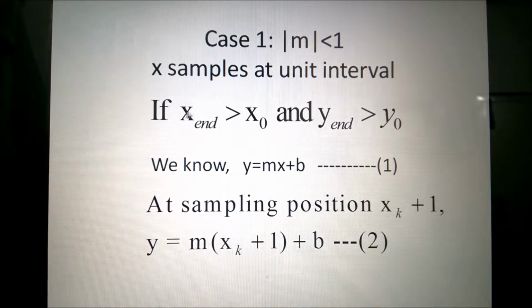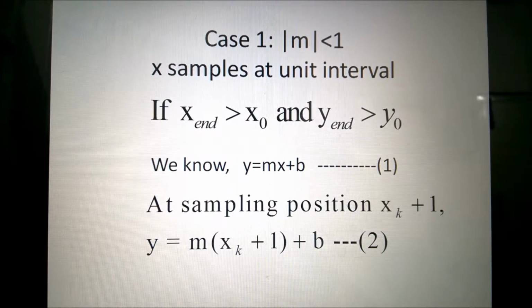We are considering the ending point x coordinate is greater, and similarly the ending point y coordinate is also greater. Obviously in that case x also has to be incremented and y also has to be incremented, because the starting coordinate is less and we have to reach the higher coordinates.